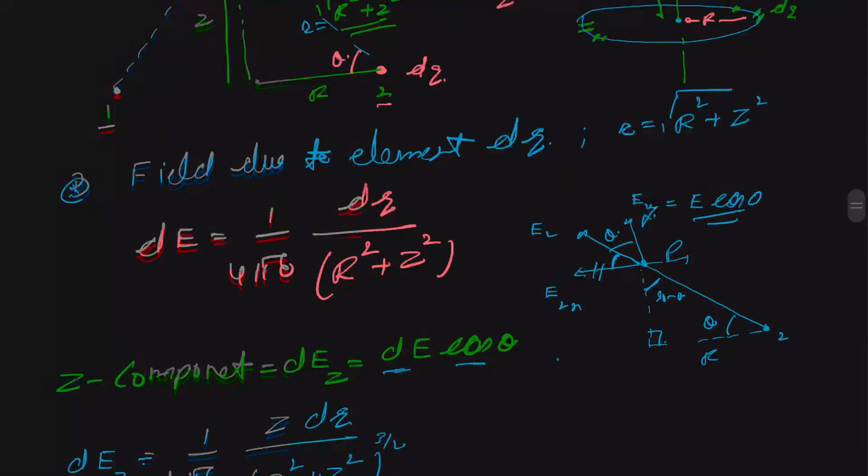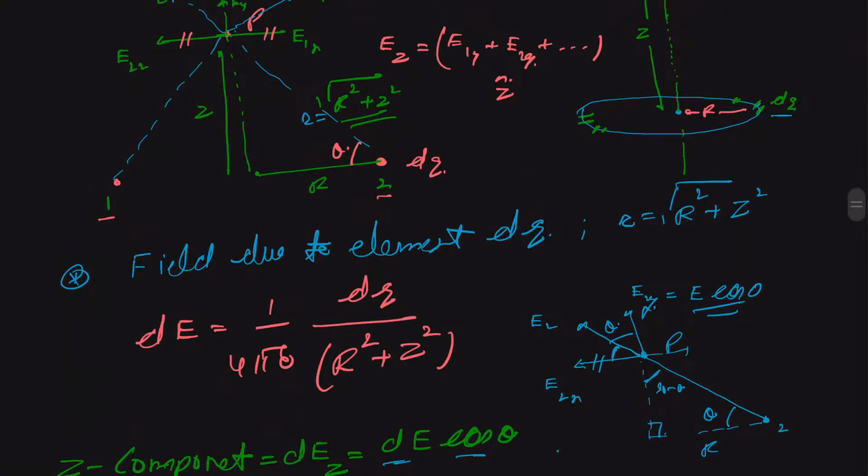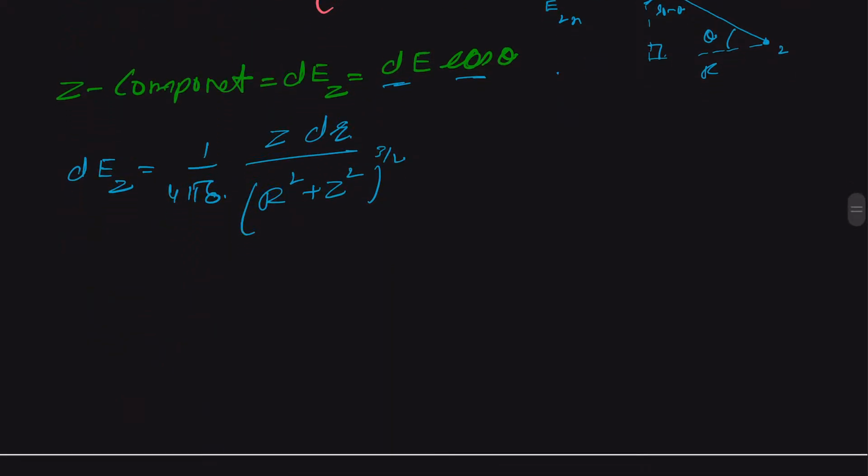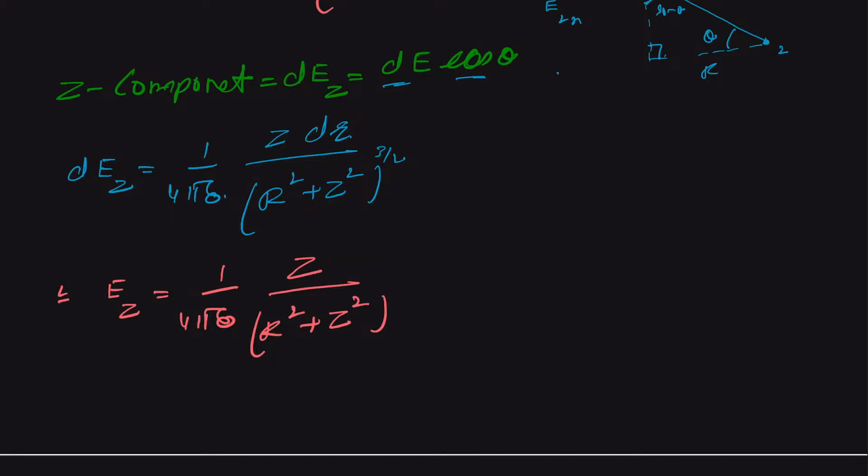Like I said, we have taken a small element dq, so we can take n number of small elements throughout the ring. So for the total ring, we simply integrate them. We get the net electric field in the z direction equal to 1 upon 4 pi epsilon naught, z upon r square plus z square to the power 3 by 2, times the integration of dq.